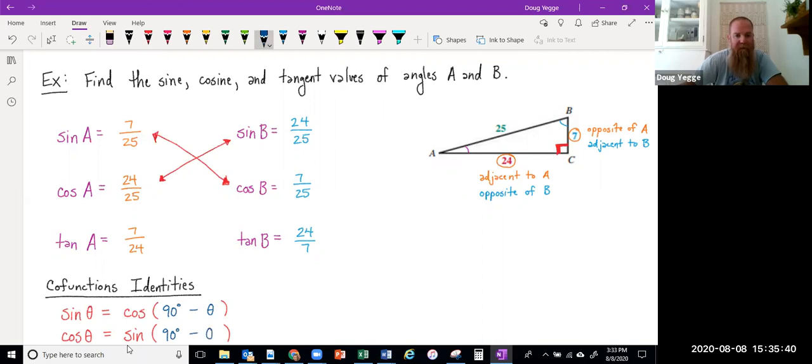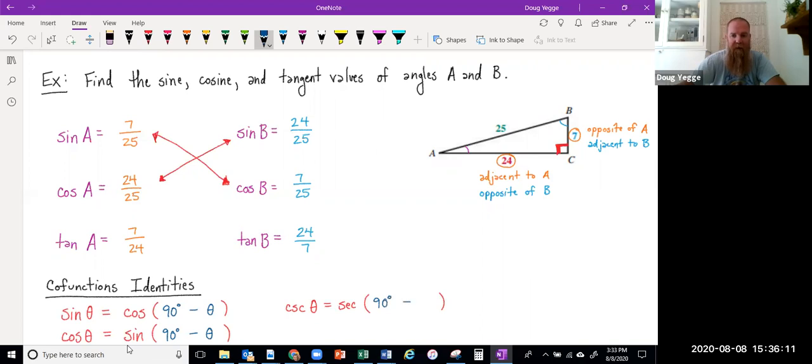So look at the names of these, sine and cosine. Those are considered cofunctions because really you just throw a co out in front of one of them. So it turns out that there are other cofunction identities as well. If you look at cosecant of theta, that will be the same thing as secant of 90 minus theta.